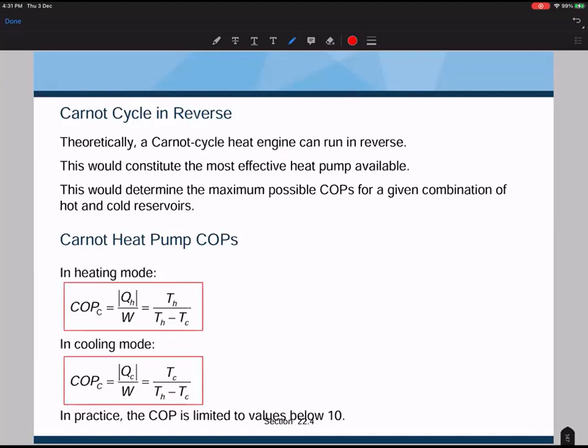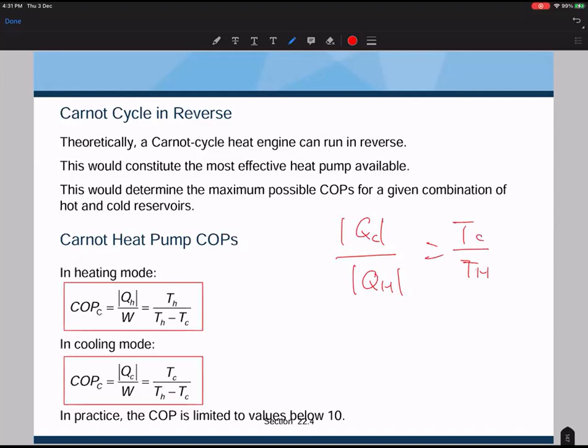Once again, the idea is whenever you are running the Carnot cycle, QC over QH is equal to TC over TH. In the heating mode, that means you are working the Carnot cycle as a heat pump.